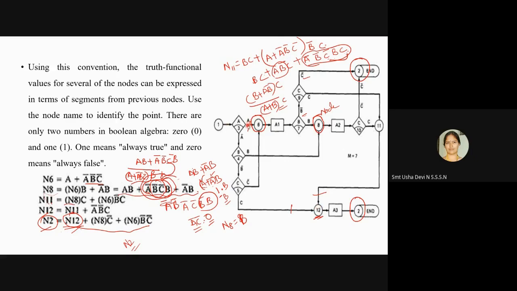This path, if you observe this path, A bar, B bar, C. A bar, B bar, C, and one more path is from this N6 only, it's not N8. N6 only, see. So one path is from this only, right?